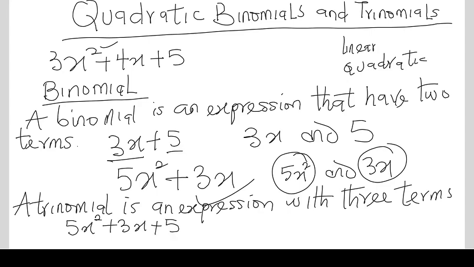So this is a trinomial. It could be x squared plus 5x plus 3. This is a trinomial. So a trinomial is an expression with what? With 3 terms. It could also be an equation, as the case may be. So far, the terms are 3. So it is a trinomial, whether an equation or an expression.